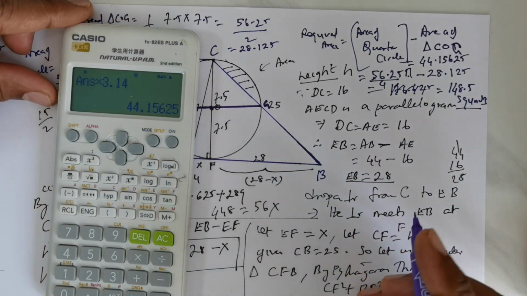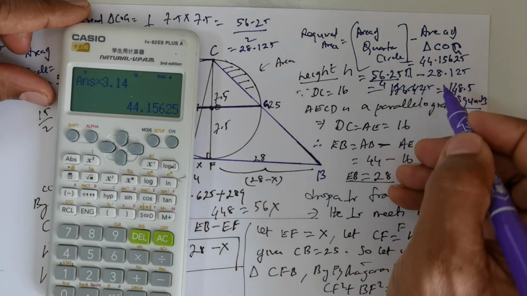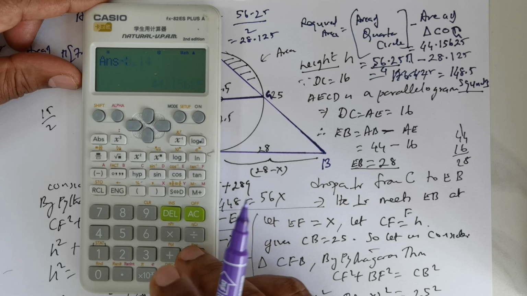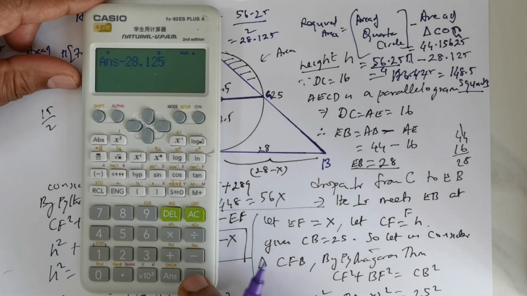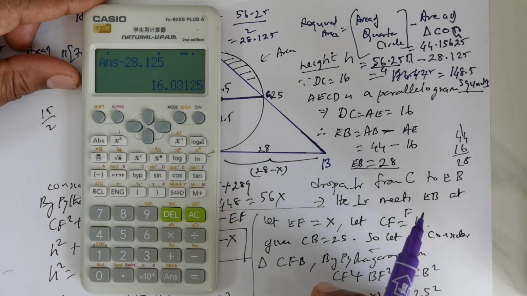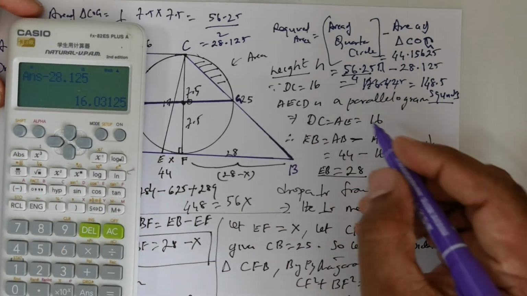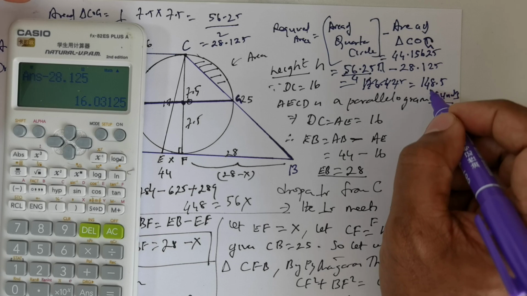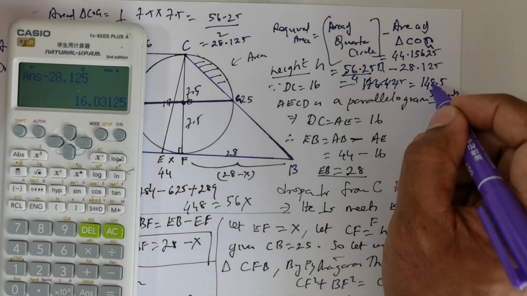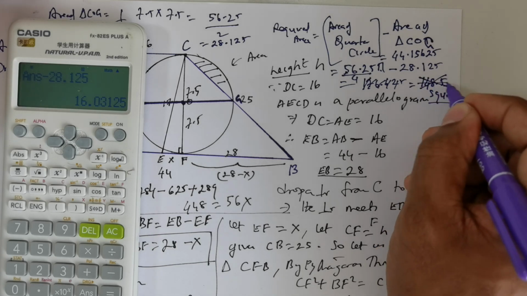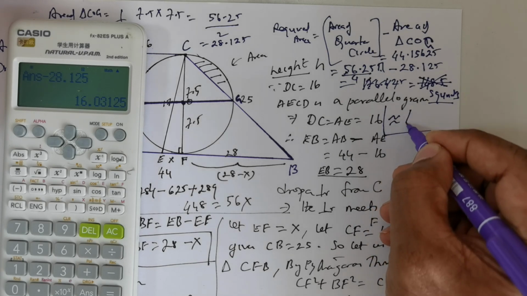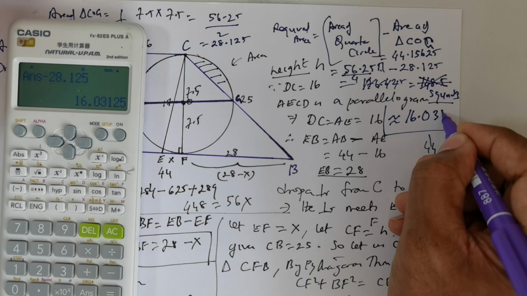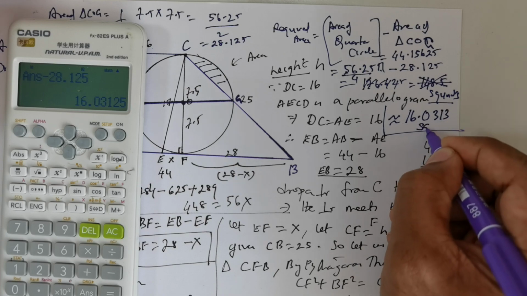From this I need to subtract this, so I'm subtracting 28.125. So this is not the actual value, so you have to strike this off. So the actual value is 16.0313 square units.